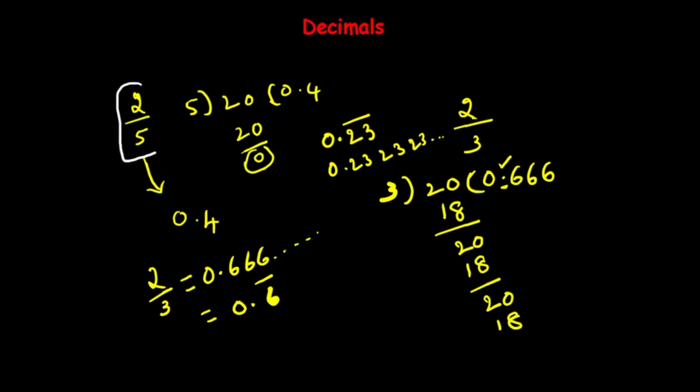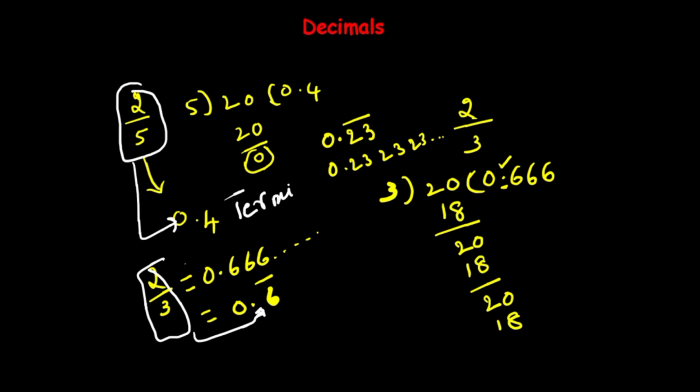Here 2 by 5 we have written as 0.4, and 2 by 3 we have written as 0.6 bar. So here we mainly have two types of decimals: this is called terminating, and this is non-terminating.